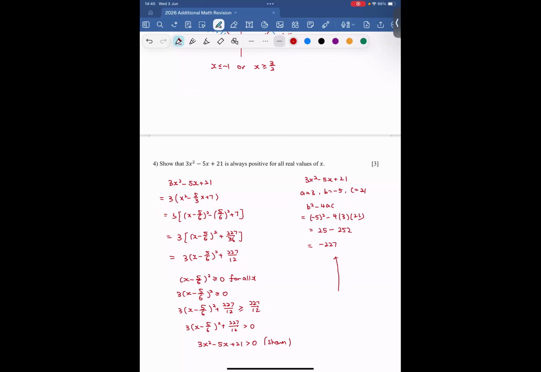So if they say since coefficient of x squared is more than 0 and b squared minus 4ac is less than 0, this is always positive. So you can see this requires more concepts, therefore your steps are fewer. The previous method uses fewer concepts, that's why you got more steps.